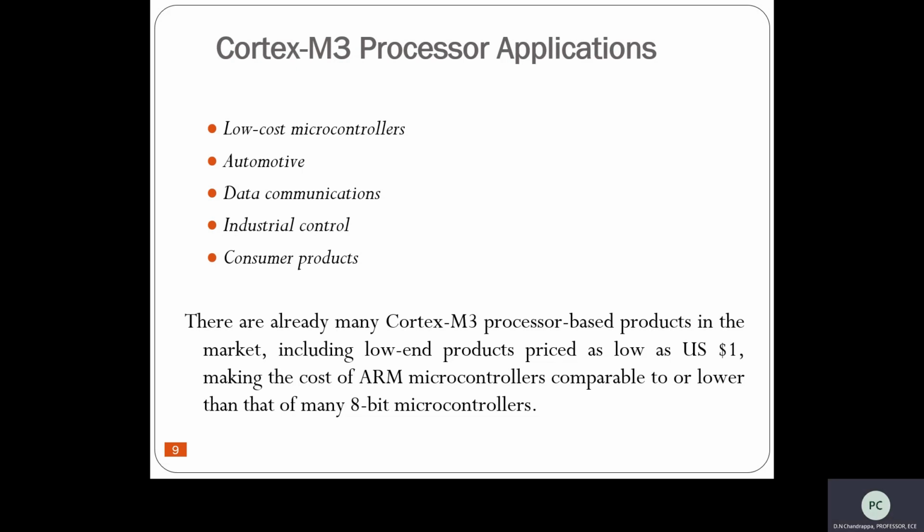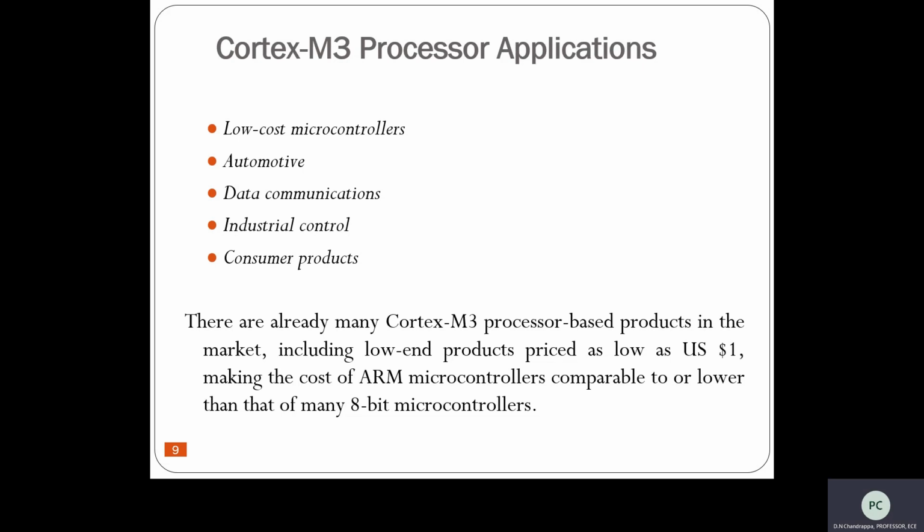So now I'll come to the first one, low cost microcontrollers. The Cortex M3 processor is ideally suited for low cost microcontrollers, which are commonly used in consumer products from toys to electrical appliances. It offers lower power, high performance and ease of use.